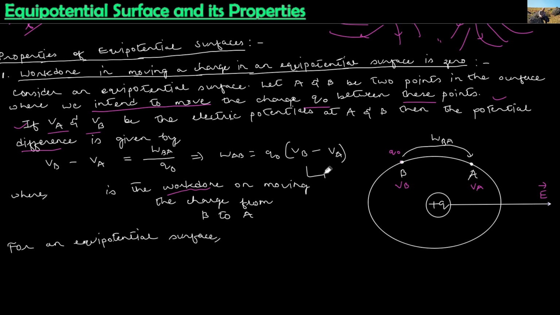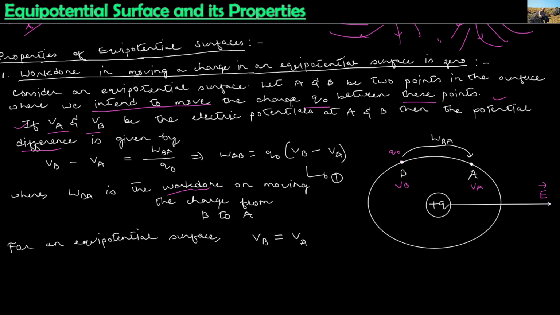So we'll mark this as equation number 1. And what is this WBA? WBA is nothing but the work done in moving the charge from A up to B. But for an equipotential surface, this is the most important point: the voltage at B is the same as the voltage at A.